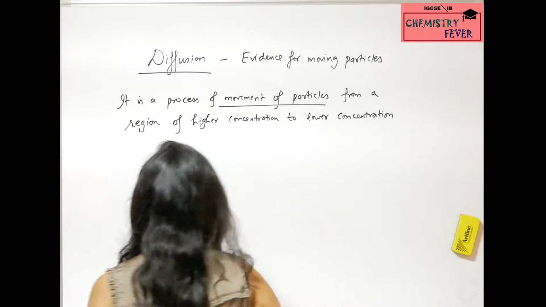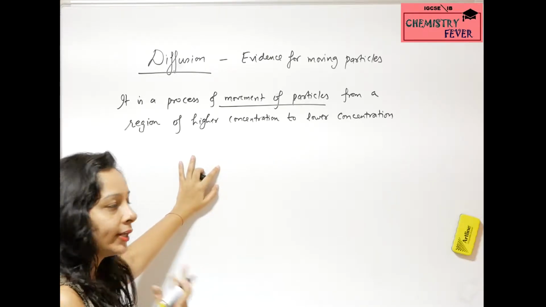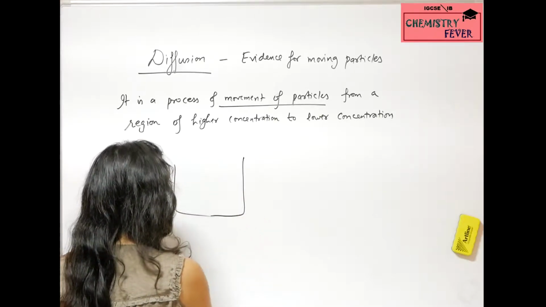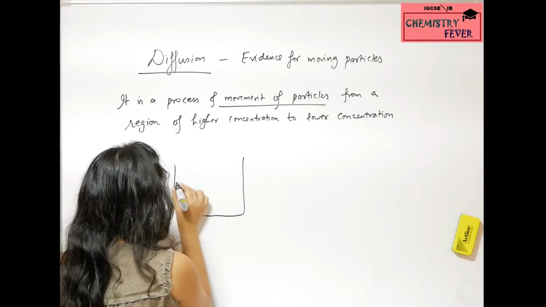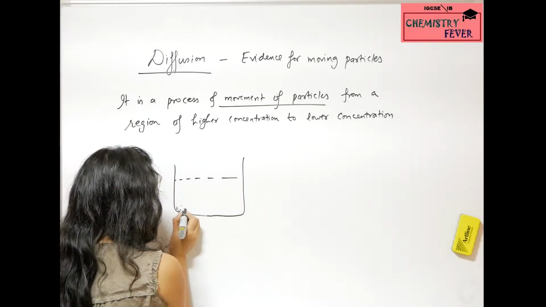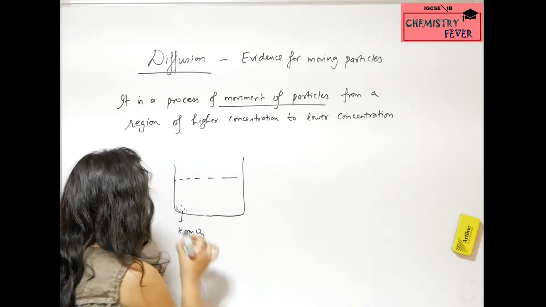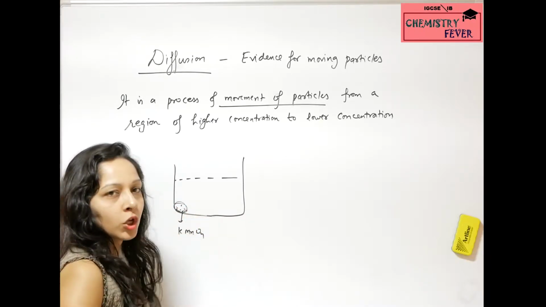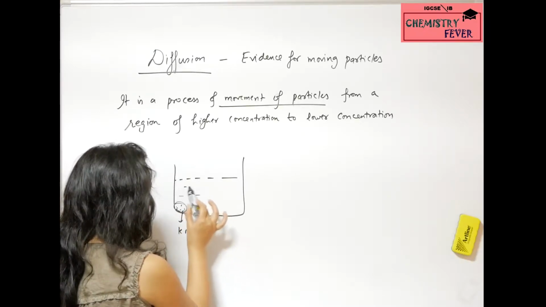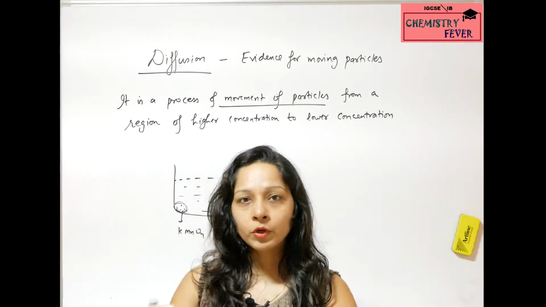Now next, let's have some examples that you can find in your papers. Suppose you have taken a beaker half filled with water, and you have put few crystals of say KMnO4. Everybody knows KMnO4, purple color crystals, okay? In the beginning the higher concentration is here. After some time, or if we slightly shake it, the water will turn pink or purple, and it will be uniformly purple.